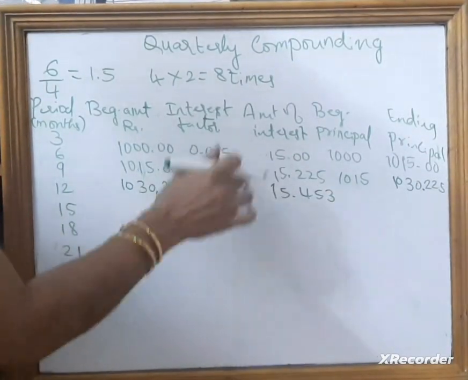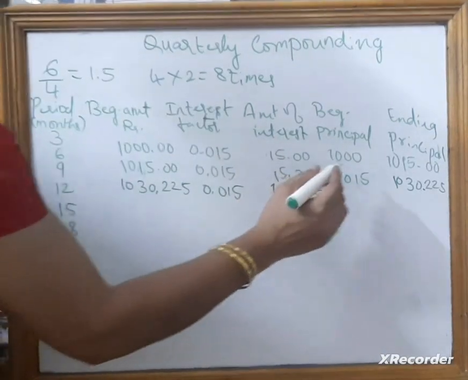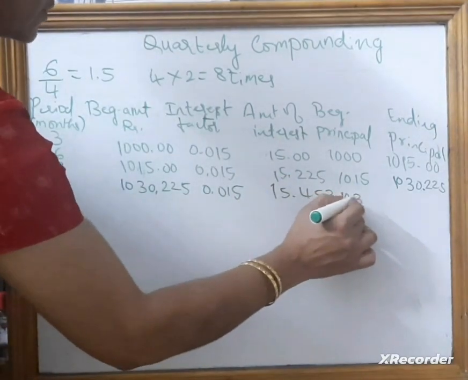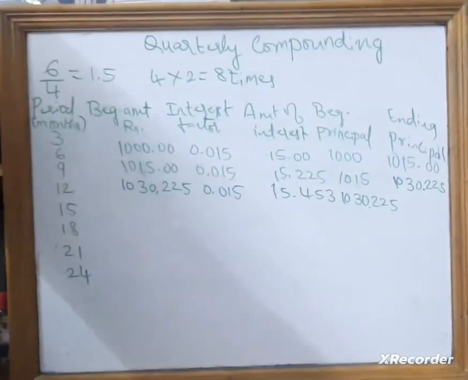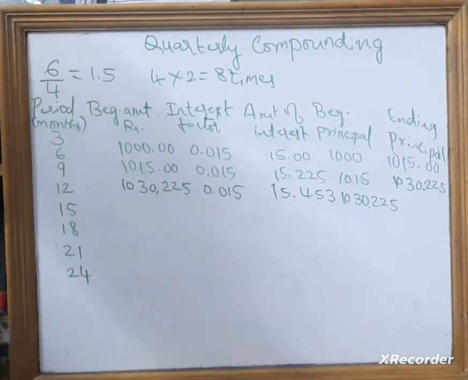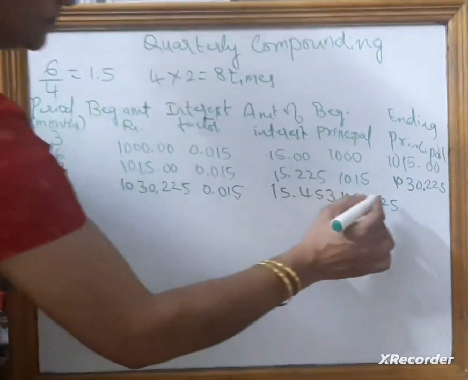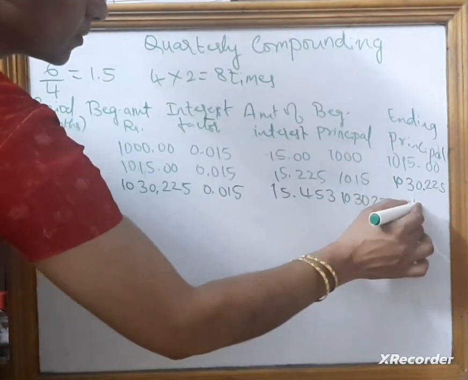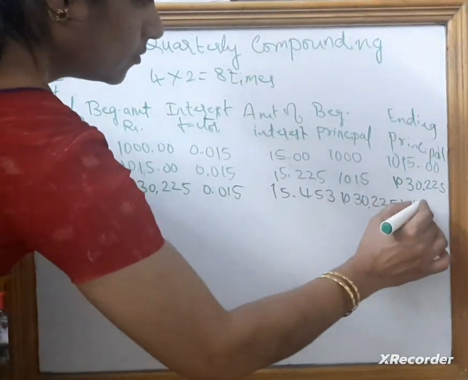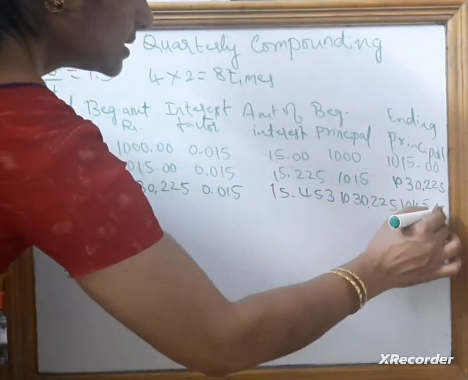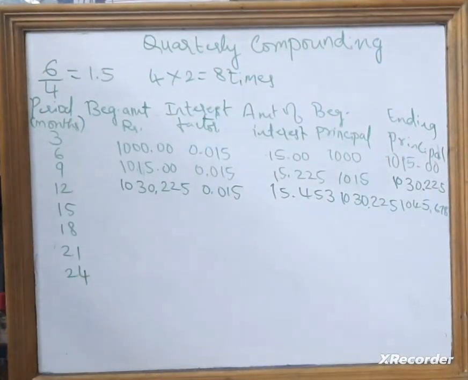So at the beginning is 1030.225. Ending is, add this and this. You will get 1045.678.